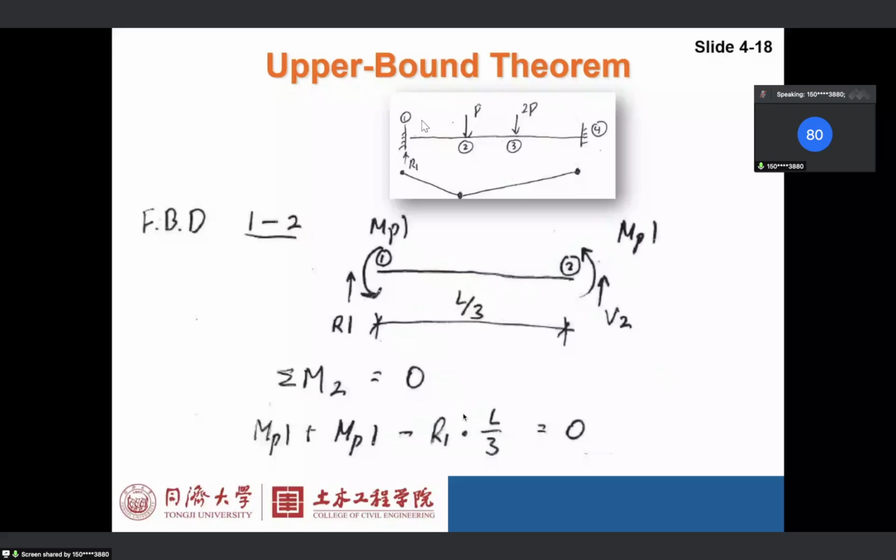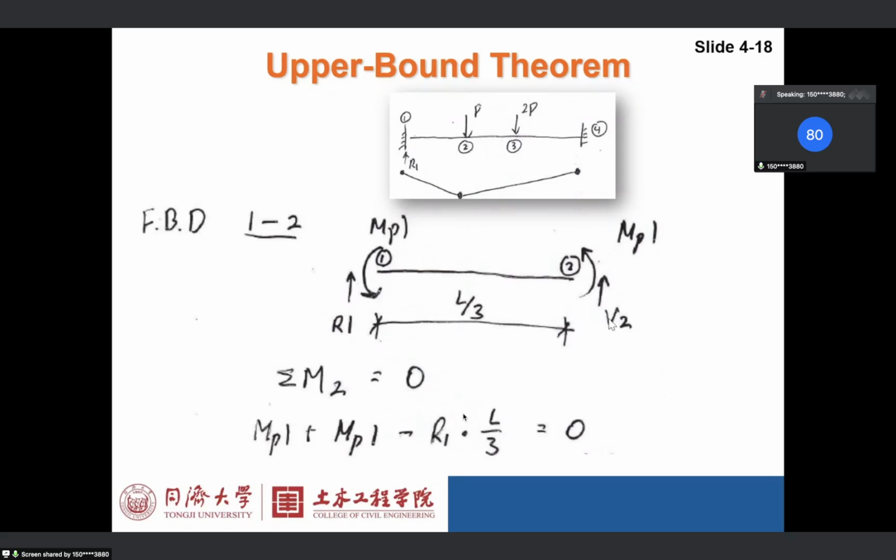We can isolate this part, 1, 2. We isolate this part of the beam and draw a free body diagram. This is bending moment MPL. This is bending moment MPL. This is R1. We don't know the value yet. How about point 2?